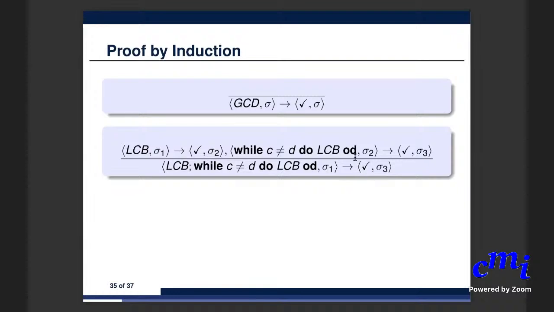In proving this, it will involve proving that something is getting smaller, and that is what is exploited here. That's why I said that if you're not able to establish this, it doesn't mean that the program is not terminating; it is just that you're not able to prove that it is terminating.